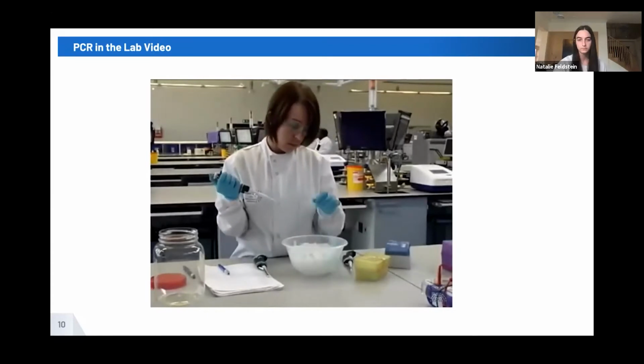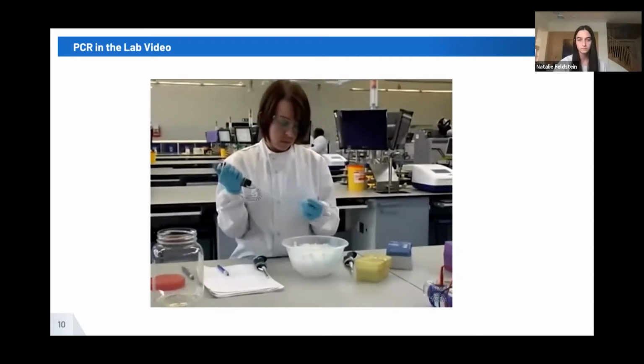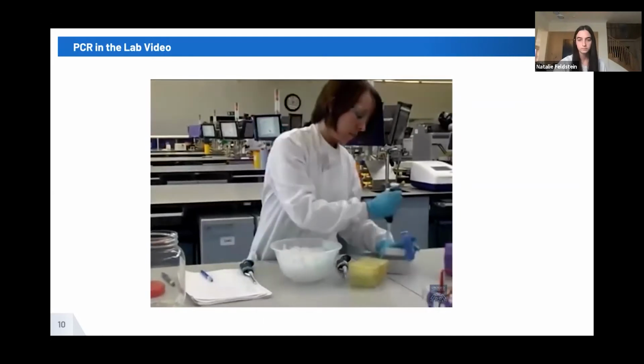The tubes have been pre-labeled beforehand, and the scientist checks the tube to make sure she is adding the correct sample to the correct tube, which is vital when you're doing any assay.